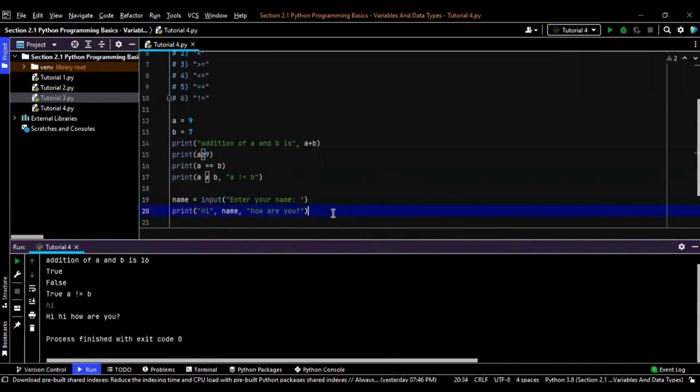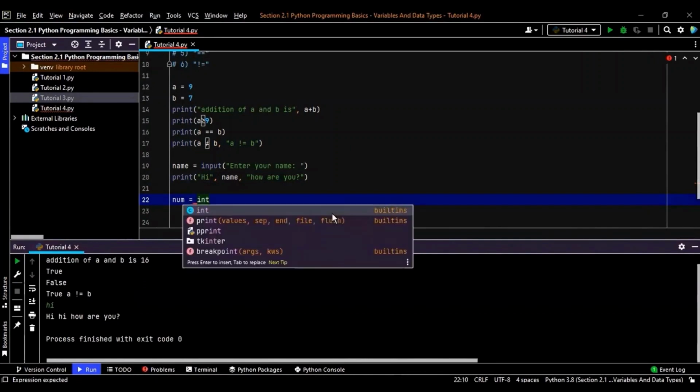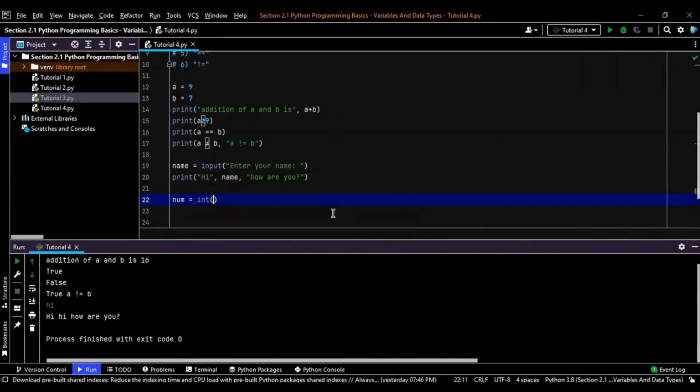Now, this is how you take an input as a string. But what if you have to take an input as an integer? Since we now know about data types, they all are different. A number is different, a string is different, a float is different, right? So if we need to take a number as an input, let's take num as the name of the variable, and I'll use int, input.